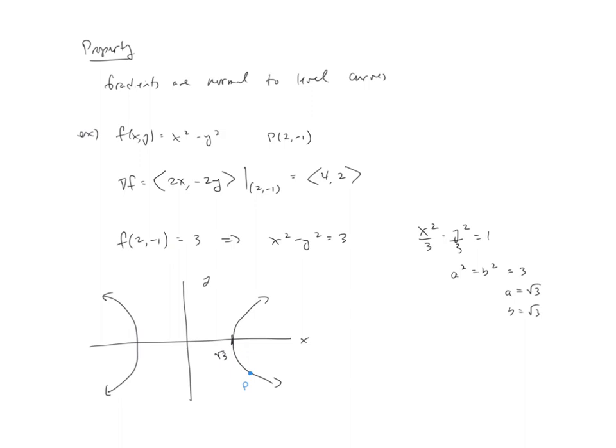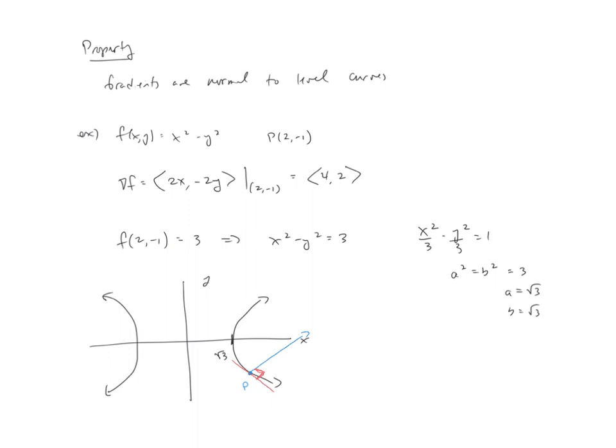Then if we take a look at this vector, 4, 2. And so 4, 2 would be from here over 4 and up 2. So proportionally, kind of follow me here, over 4, up 2 might look something like that. And so if I sketch that vector here, it's pretty evident that at the point P, where we might have a tangent line, that these two things right here would in fact be perpendicular.